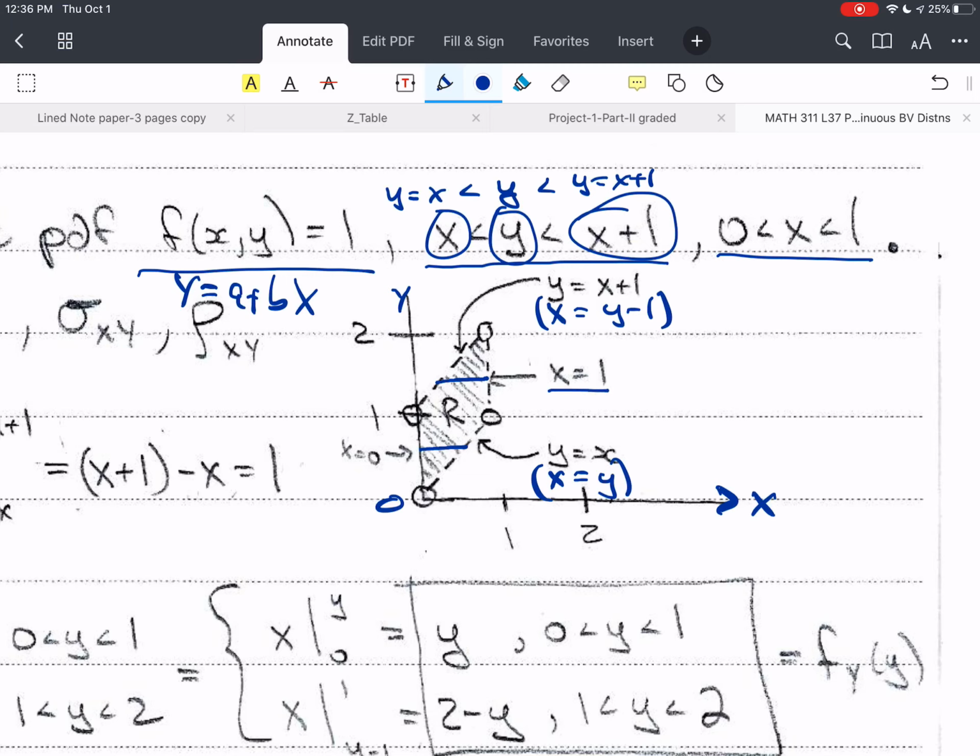So these are different. I'm going to have to make a piecewise integration in the direction of x. The bottom portion and the top portion will be integrated separately in order to get the answers.